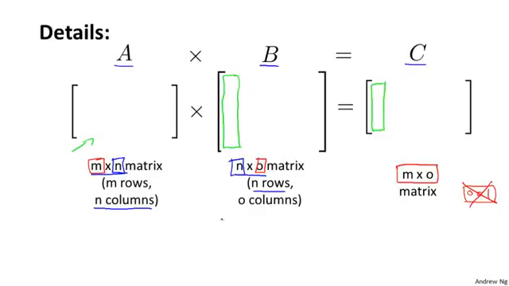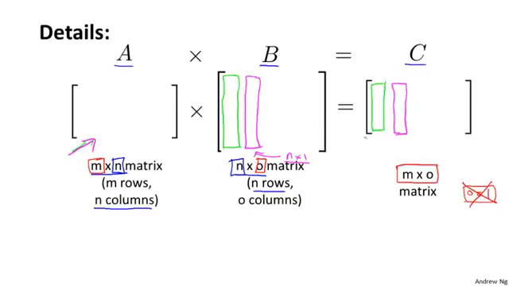Then I'm going to take the second column of B. This is another n by 1 vector, an n-dimensional vector. I'm going to multiply the matrix A with this n by 1 vector. The result will be an m-dimensional vector, which we'll put there, and so on.